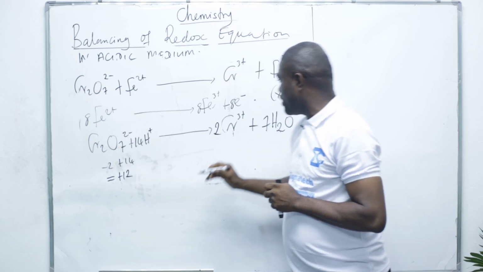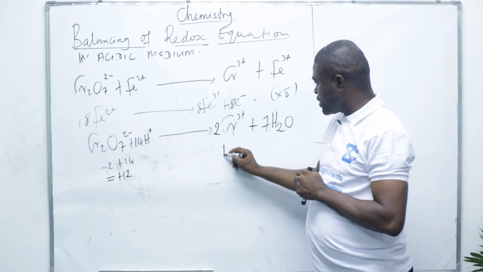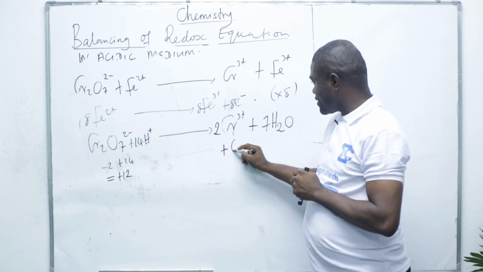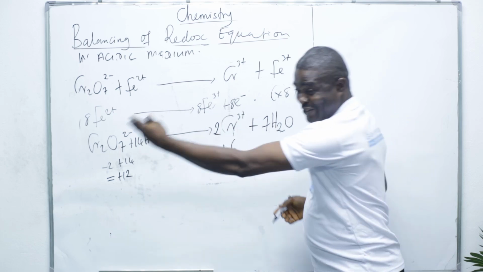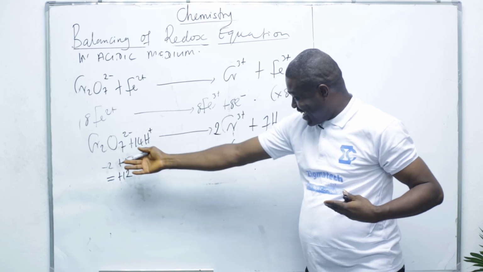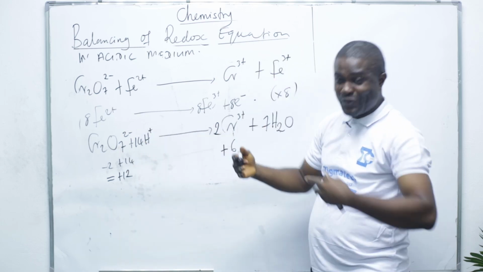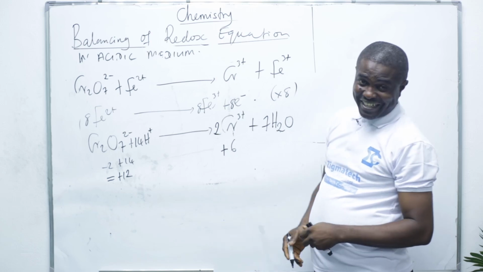Positive 12. Let me come to this place. Plus 3 times 2 is giving me plus 6. Plus 12, plus 6. Where do we have the bigger number? At my left hand side, plus 12. That is where you introduce an electron to reduce it. Are you following that?